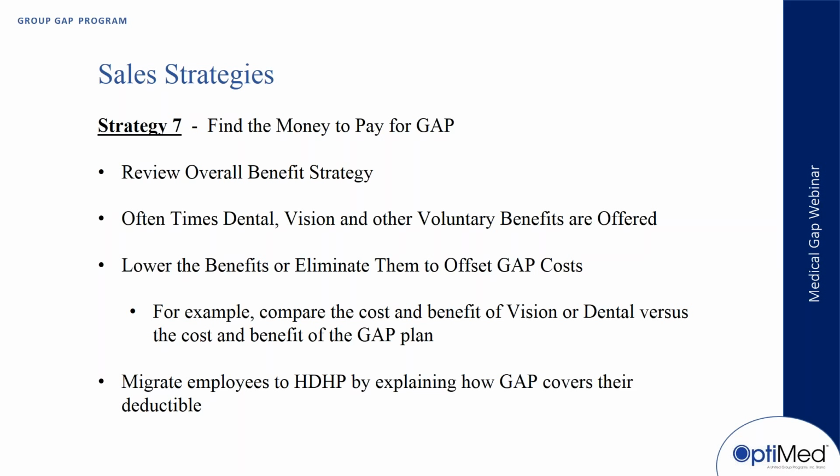Do they have copays for hospitalization? What kind of copays are they working with? Okay, now I'm going to go to this plan where all these things are subject to deductible and it has a higher out-of-pocket max. And let me see how the GAP plan would fill in those holes. And if I can make the GAP and the major medical plan work better, then why not, right? Just makes sense.